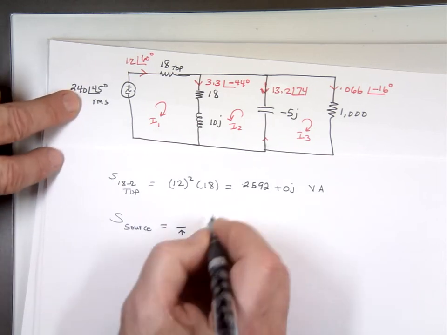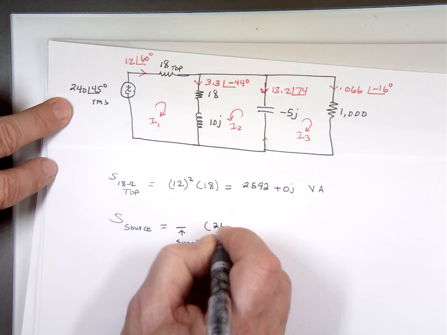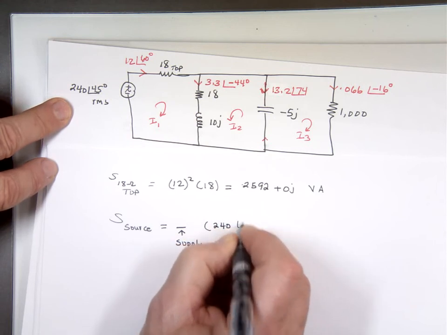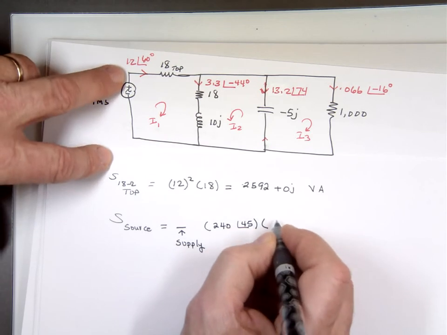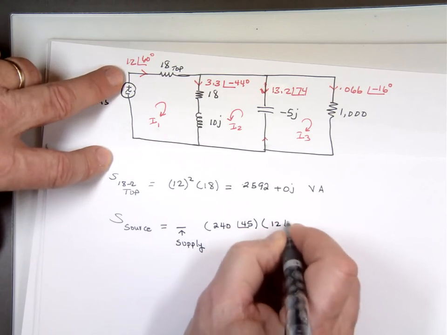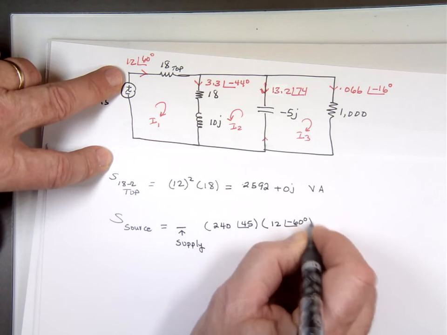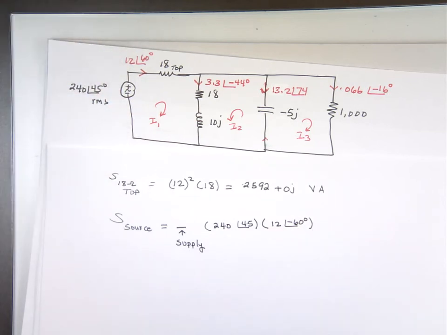VRMS is 240 angle 45, times 12 angle negative 60, the conjugate of the current.